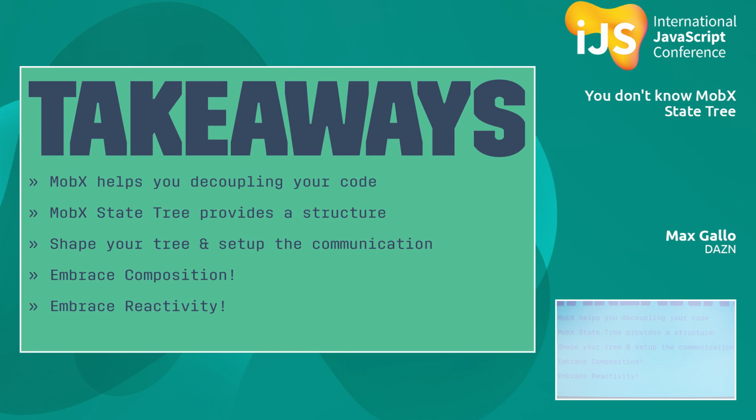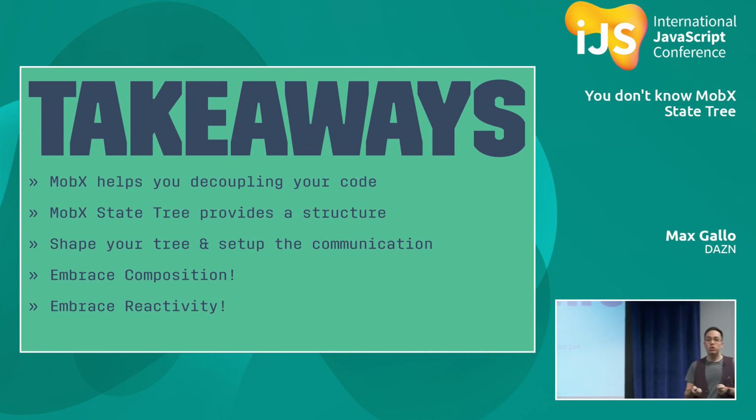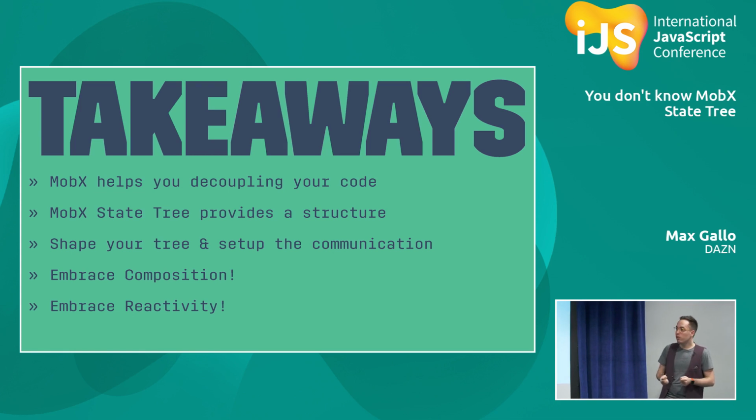That's quite important. There is not a right way to do it. There are multiple alternatives, and you can leverage the best one that suits your project. Embrace composition, it's useful. Embrace reactivity in general, because every time you subscribe to something manually, you are doing something that could potentially fail. If you are reacting to something, it's all different.